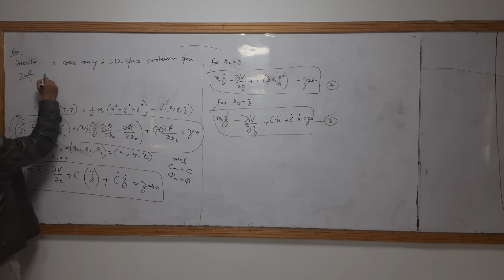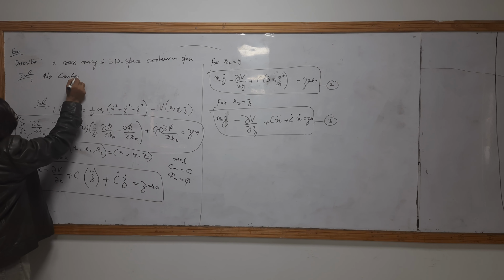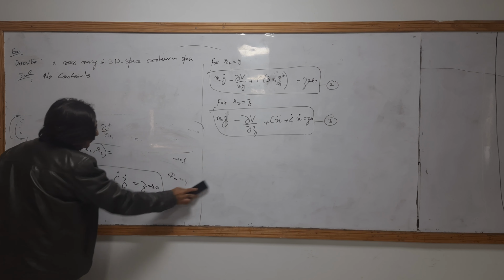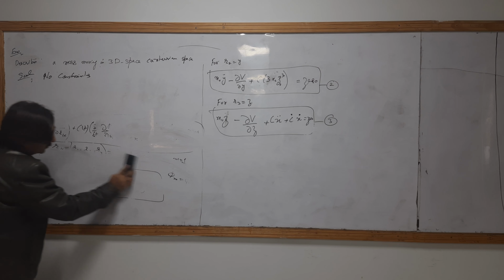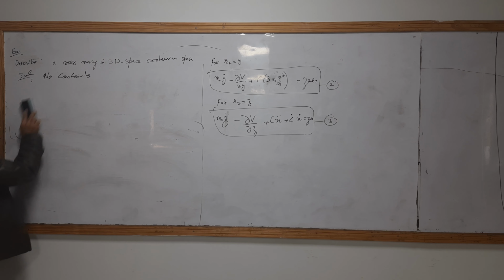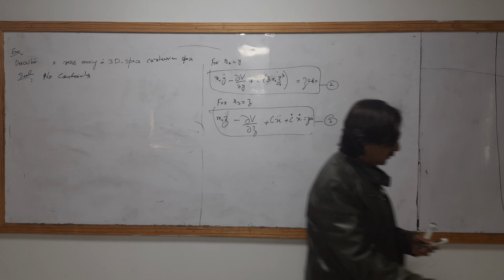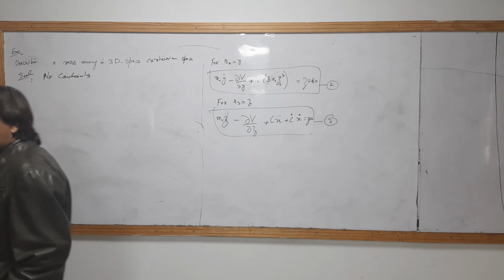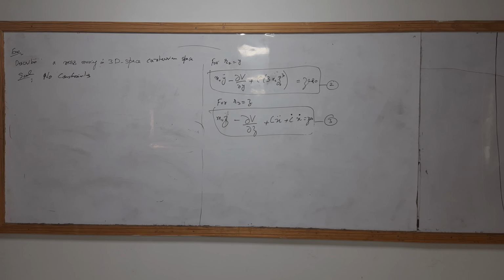If no constraint, then what will happen? Then you have to solve your equation by using the Euler-Lagrange equation. C will be constant.